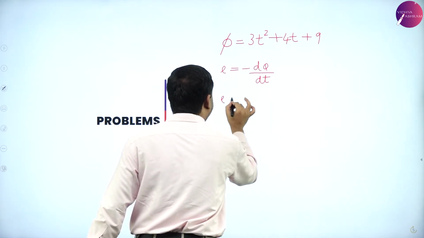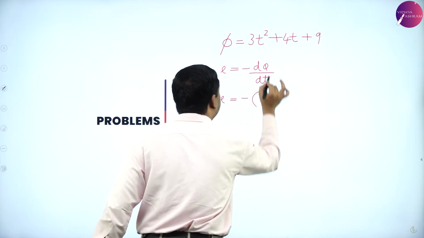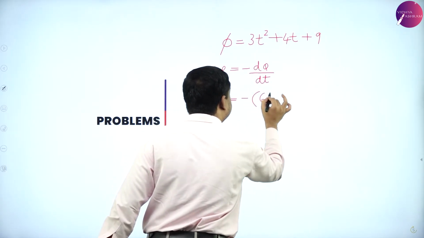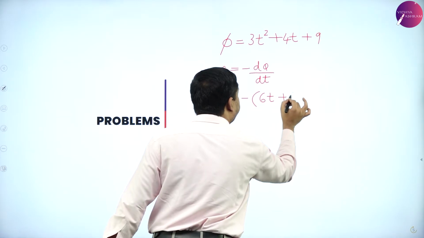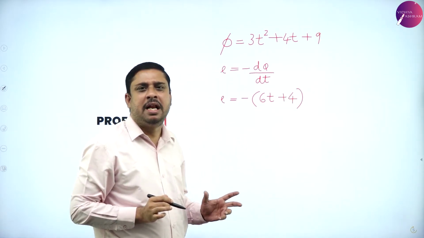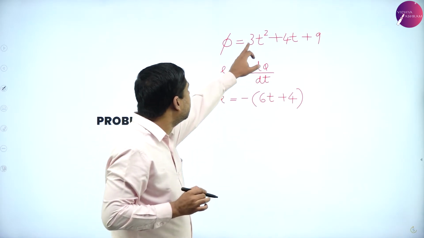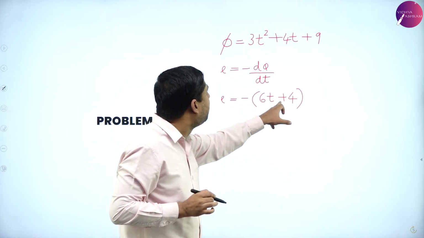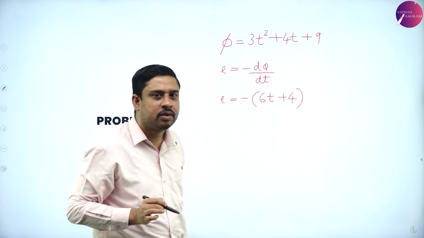So I have E is minus 6t plus 4. A very simple differentiation.